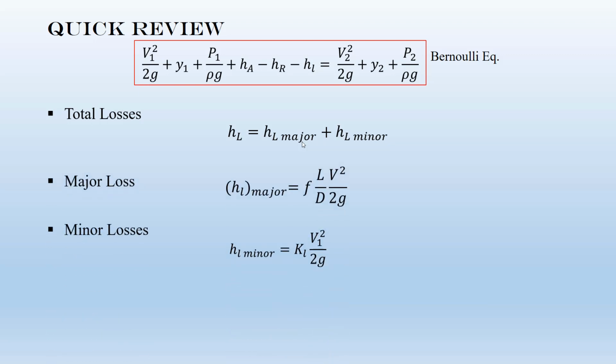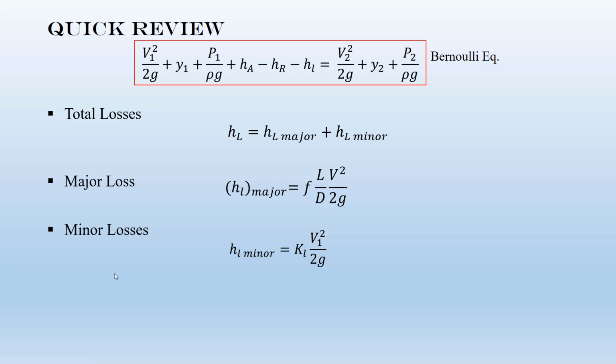Major losses can be determined by using this equation. F is the friction factor, L is the pipe length, D is diameter, V is velocity. Minor losses can be determined from this equation. KL is a constant. You can normally find the KL from the reference table.